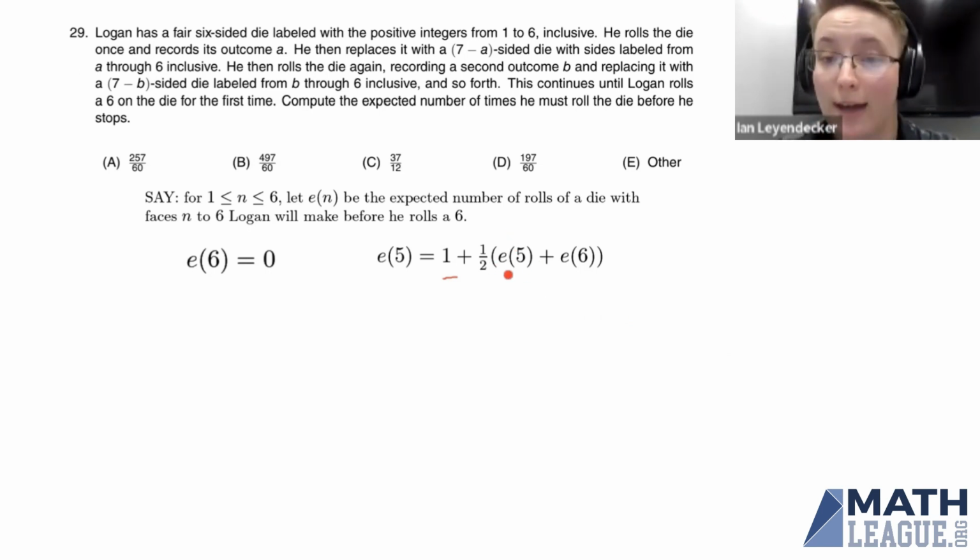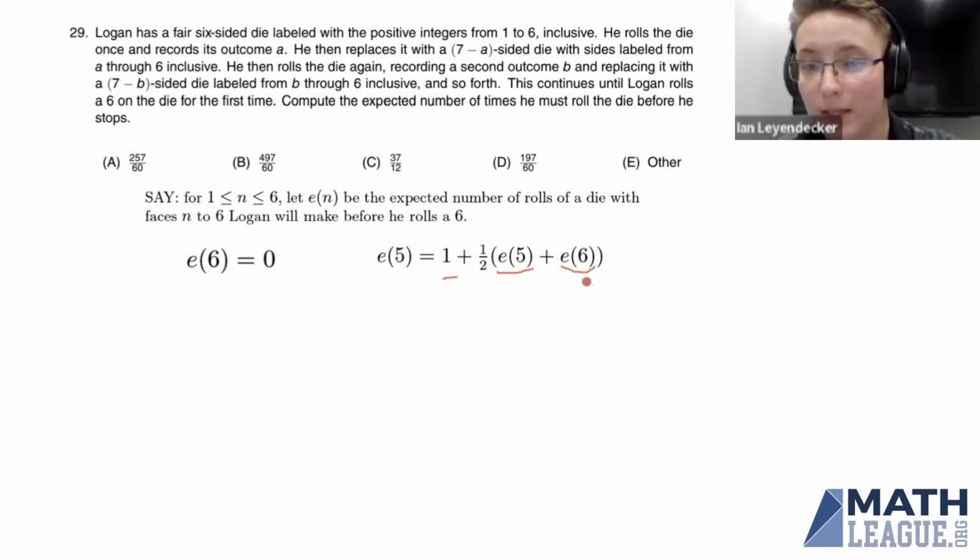So there's a half chance that he's going to end up rolling a two-sided die with sides 5 and 6 again, which is denoted by e of 5, or he's going to roll a 6, and replace his die with a one-sided die labeled with the number 6.